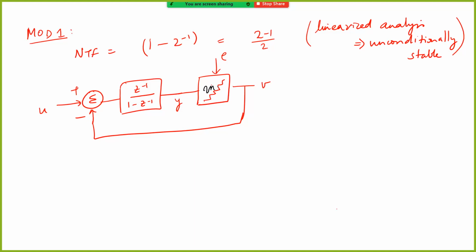Now what about the actual scenario? Okay, what happens if your input, let's say, is greater than 1? Let's say the quantizer is bounded between -1 and 1.